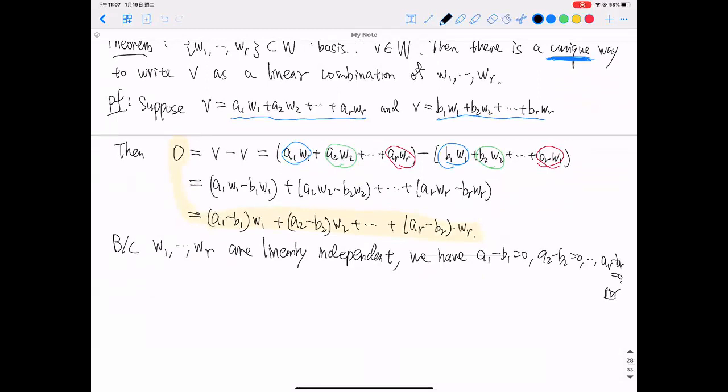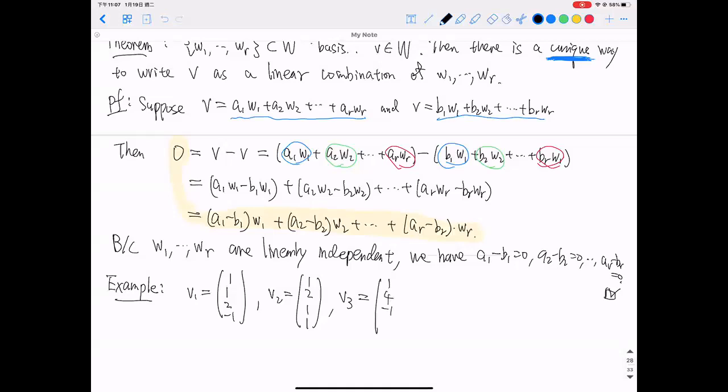Okay, so example. Let's consider the following vectors. It's going to take some time because I want to write 5 vectors. V1 is 1, 2, 1, 1. V3 is 1, 4, minus 1, 5.